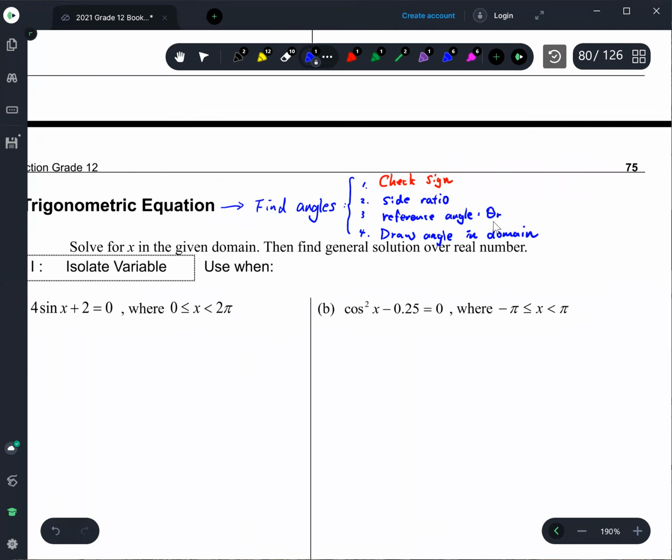Domain means, for example, they will say the angles are from 0 to 2 pi. That's called a domain. Or the domain is negative 2 pi to 2 pi. Because before we always used 0 to 2 pi, maybe that's why we didn't write it down. But from this page, sometimes our domain will change.